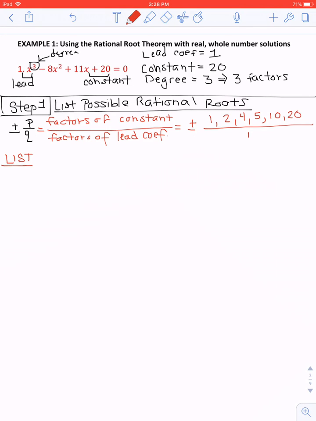So we are going to create our list. So our list looks like this. Plus or minus 1, because we're dividing each one by 1. Plus or minus 2, plus or minus 4, plus or minus 5, plus or minus 10, also known as positive or negative of each of those.